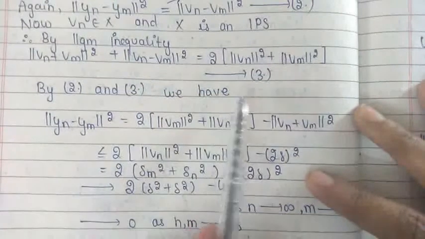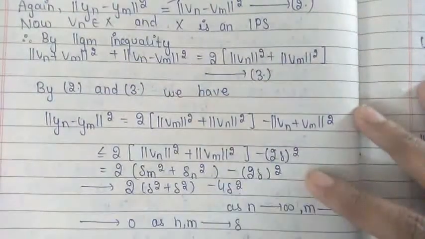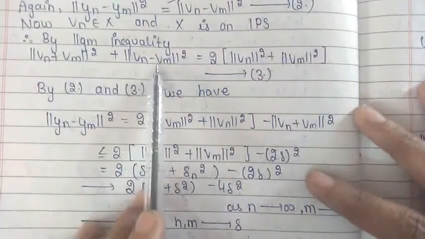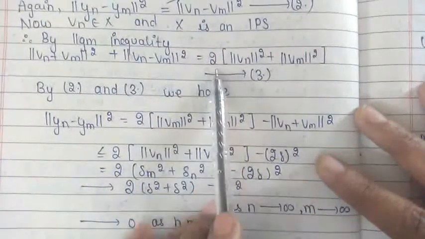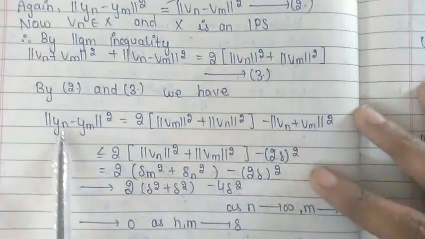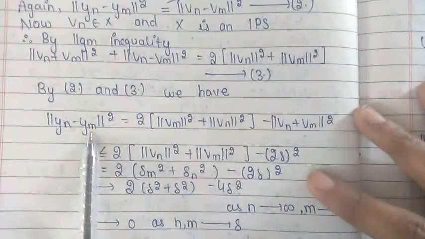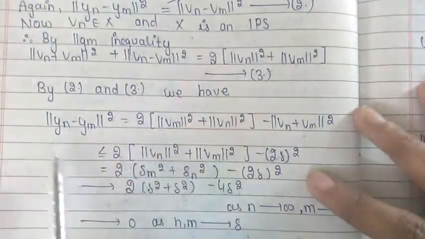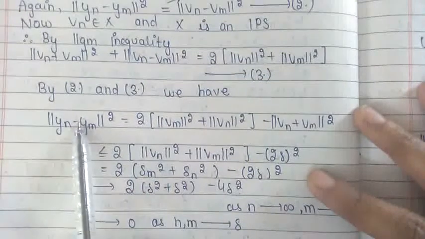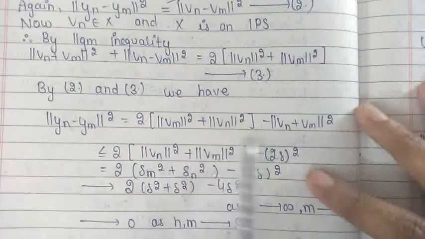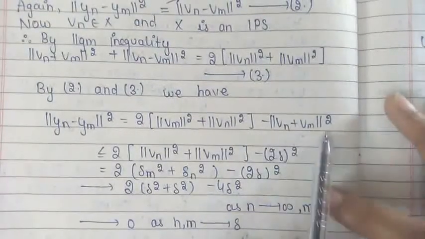So we get Vn plus Vm norm square plus Vn minus Vm norm square is equal to 2 times Vn norm square plus Vm norm square. Now for yn minus ym norm square, we can put the value of this expression: yn minus ym norm square is equal to 2 times Vm norm square plus Vn norm square, minus Vn plus Vm norm square.